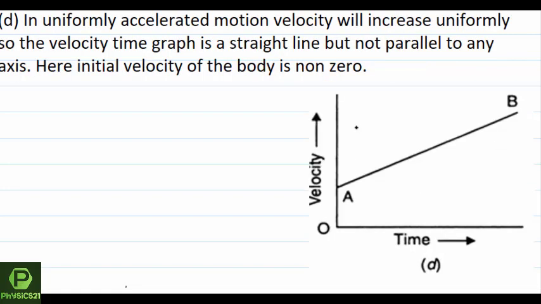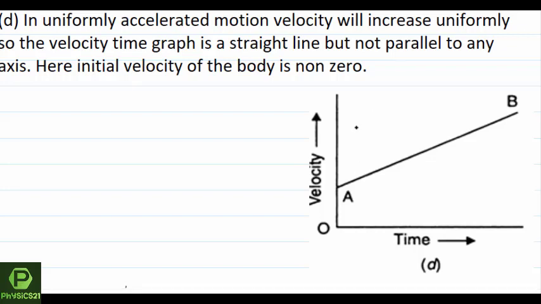In the next case, the body is also in uniformly accelerated motion, but the initial velocity of the body will not be equal to 0. So this is the graph plotted between velocity and time. Initially the velocity will not be equal to 0, so that is the initial velocity.